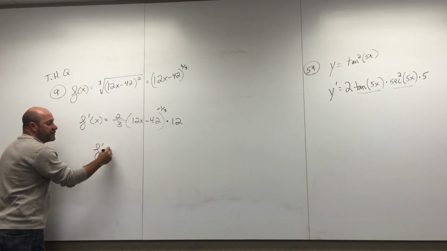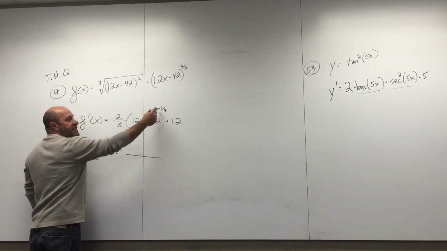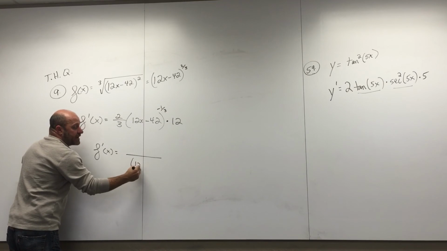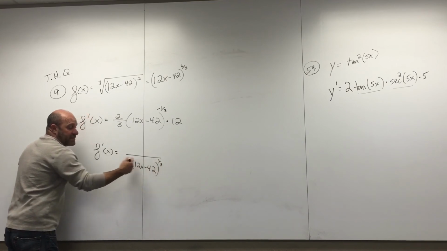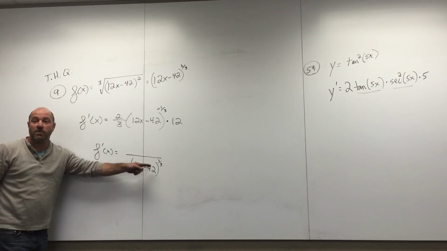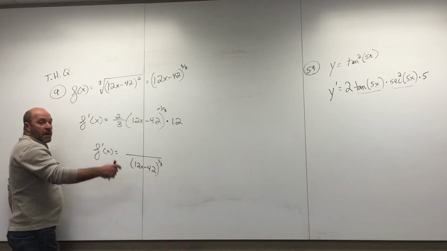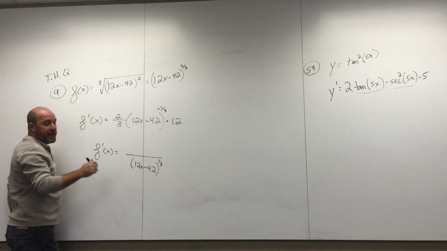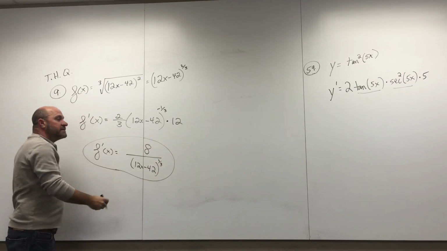When you clean it up, I'll move this thing to the negative 1/3 to the denominator, and it'll be 12x minus 42 to the positive 1/3. By the way, that's a cube root, but I can just write it as a 1/3. And what's left in my numerator? 2/3 times 12, which happens to be 8. This is beautiful, you guys.